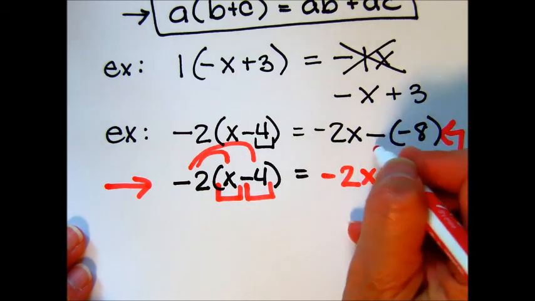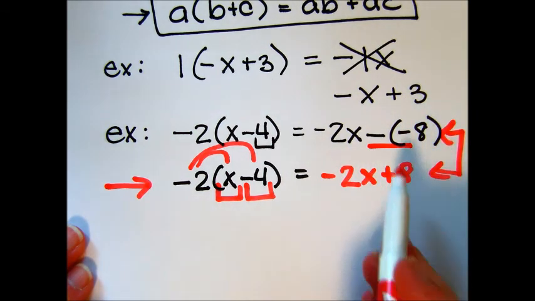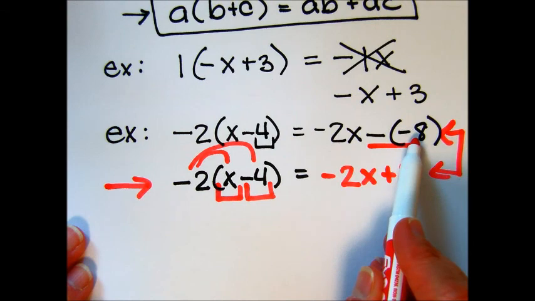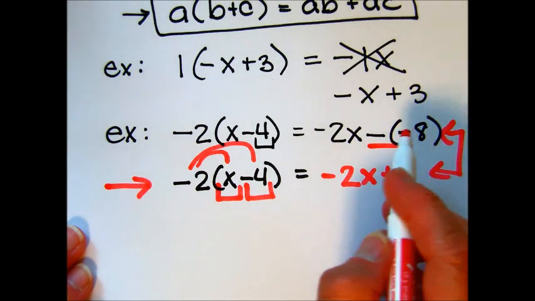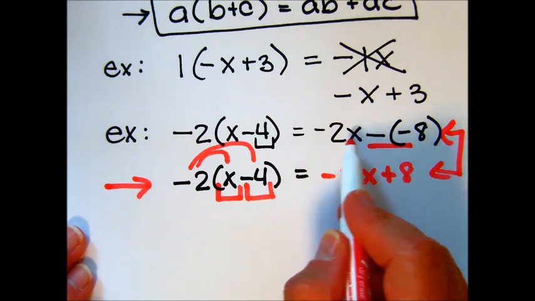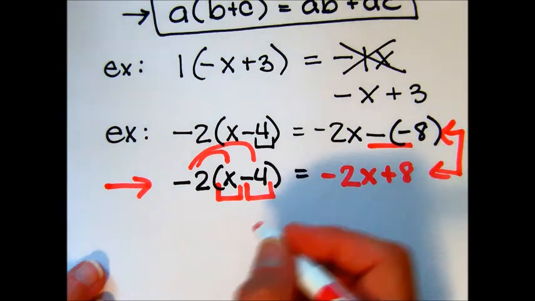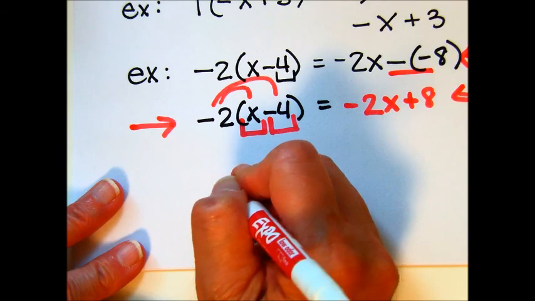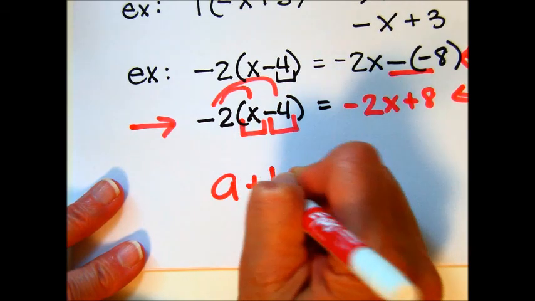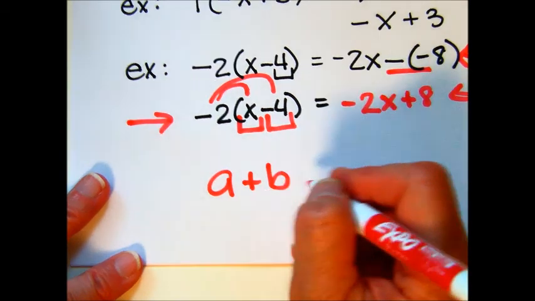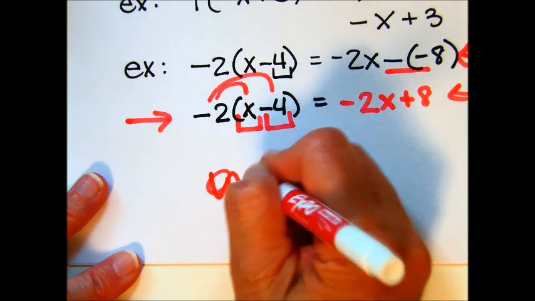When you see this double negative here, you can think of it as the opposite of a negative, which is a positive. Or if you're changing subtraction to addition, remember that formula? If A plus B, and you want to subtract it, it was the other way around.